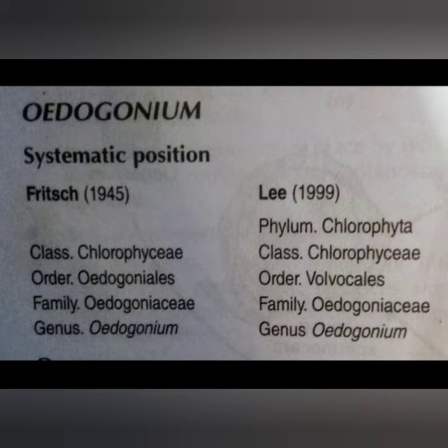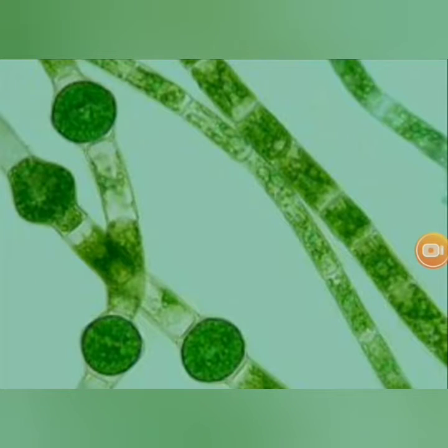Now, first we will talk about the occurrence of Oedogonium. Oedogonium is an exclusively freshwater alga, so you can find it in freshwater systems.